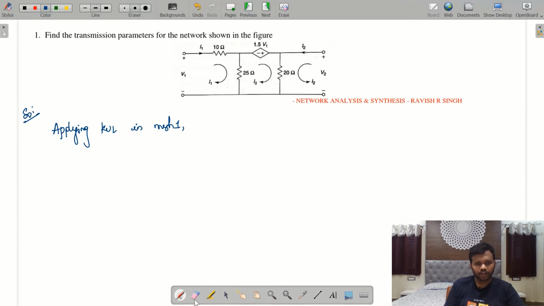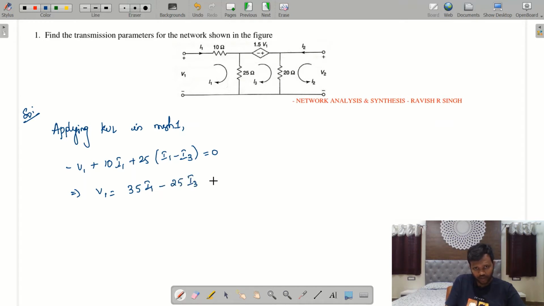Minus V1 plus 10 into I1 plus 25 into (I1 minus I3) equal to 0. So V1 equal to, bringing V1 to the other side, 25 plus 10, 35 I1 minus 25 I3. I will consider this as equation 1.